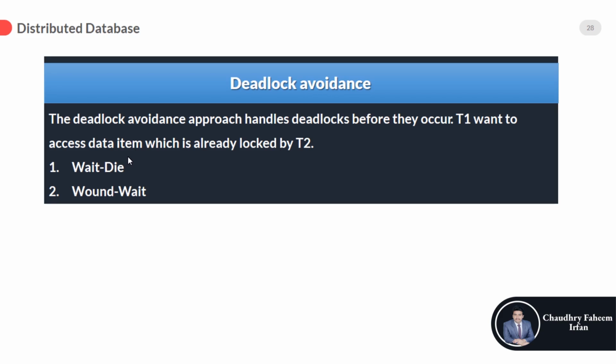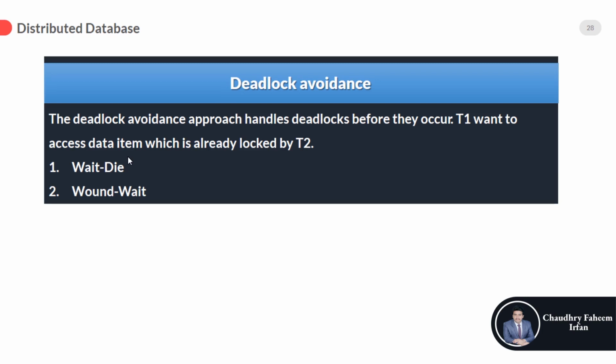However, if the item is locked by some other transaction in incompatible mode, the lock manager runs an algorithm to test whether keeping the transaction in waiting state will cause a deadlock or not. Like here we have a situation that T1 wants to access a data item which is already locked by T2. So first is wait-die.